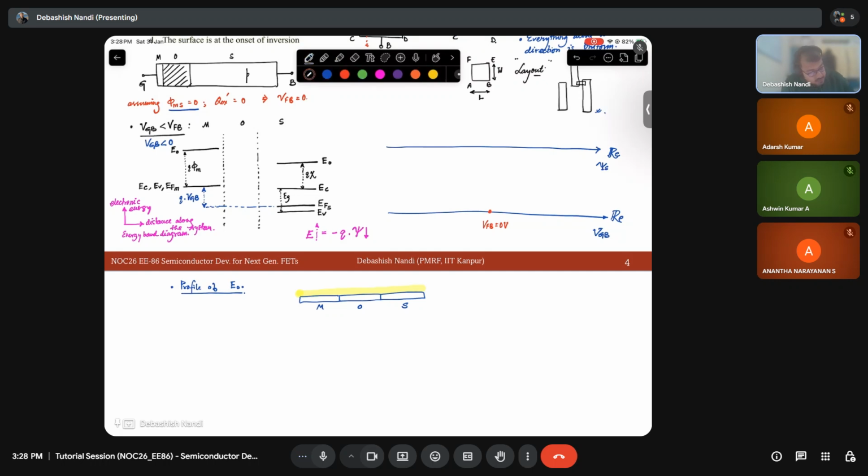So the condition on vacuum level E0, it is called the local vacuum level, and E0 has to be continuous.